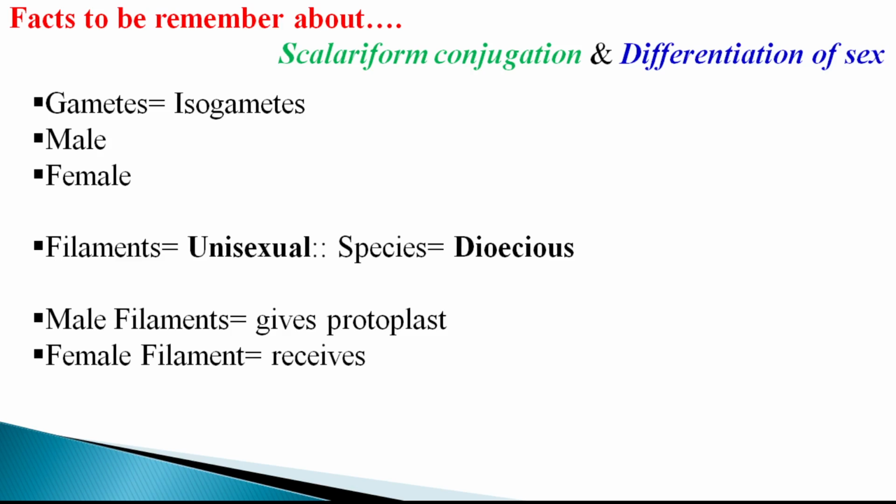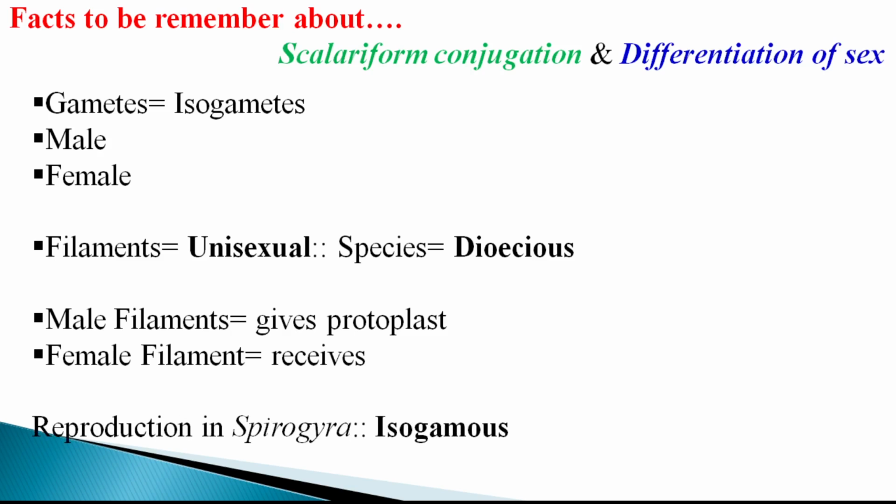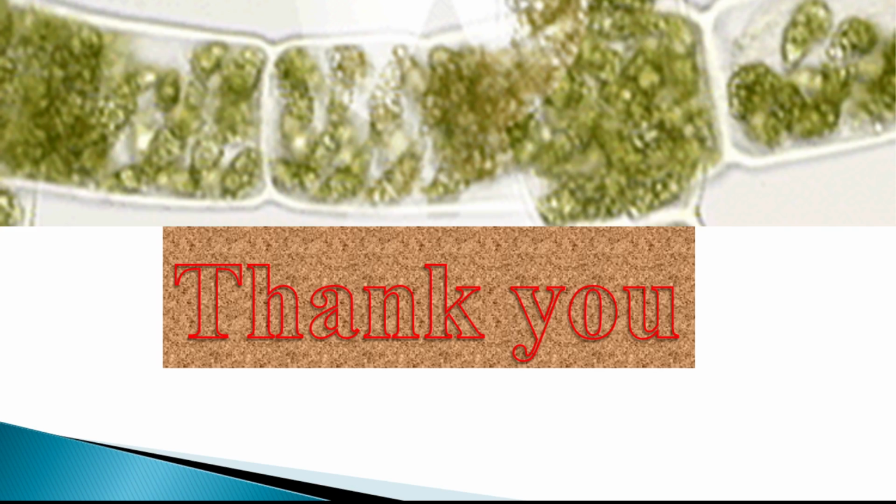So only these are the certain distinguishing points. Accordingly we can say one is male and the second one is female. So generally what I can conclude is that isogamous is the condition of sex in Spirogyra during Scalariform conjugation. So this is the concluding remark about the gamete and sex of Spirogyra during Scalariform conjugation.